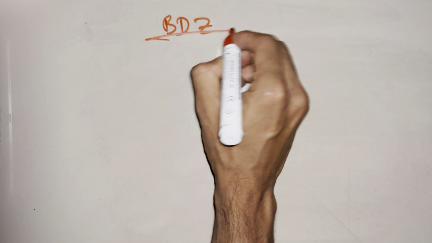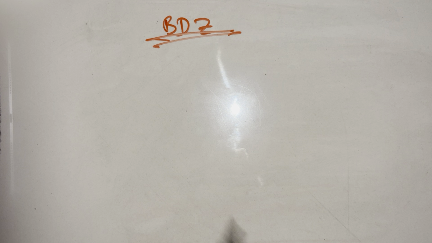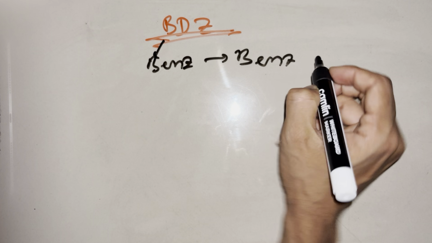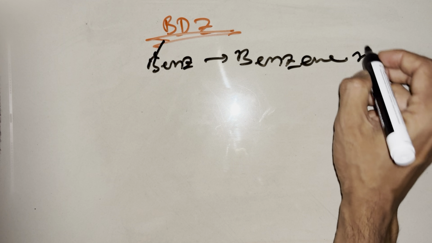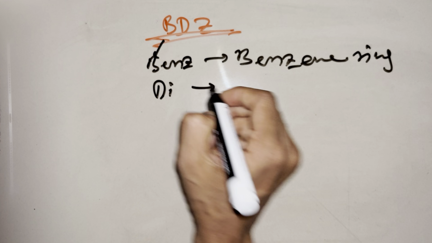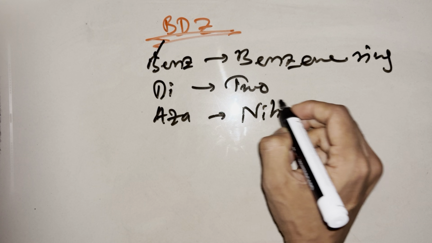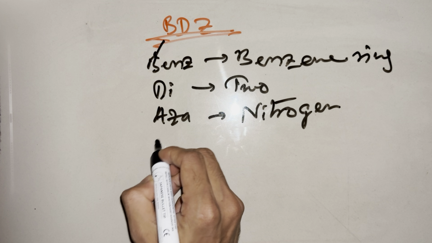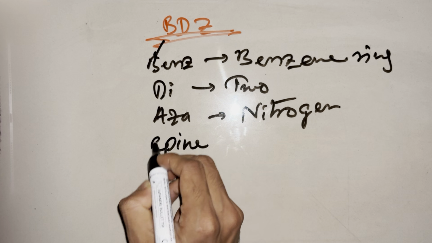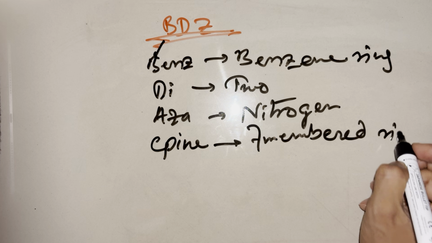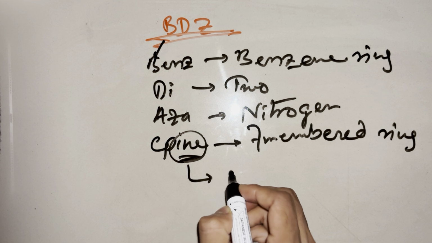Now we will see the SAR, that is structural activity relationship of benzodiazepines. First of all, you have to remember that benzodiazepine is a bicyclic system, because it has 2 rings. In the name, benz means benzene ring, di means 2, aza means nitrogen, epine means 7-membered ring, and in means presence of nitrogen again.